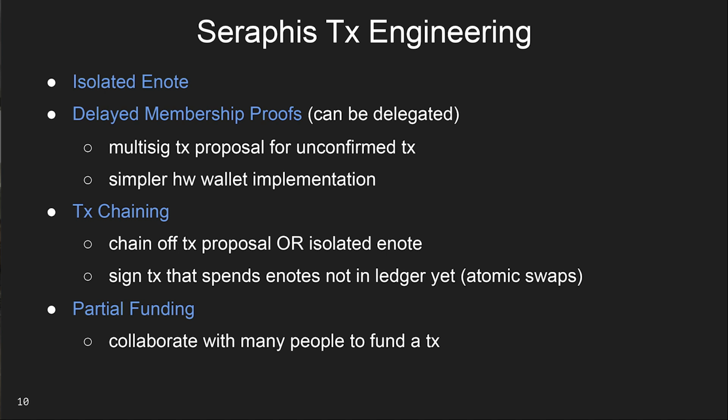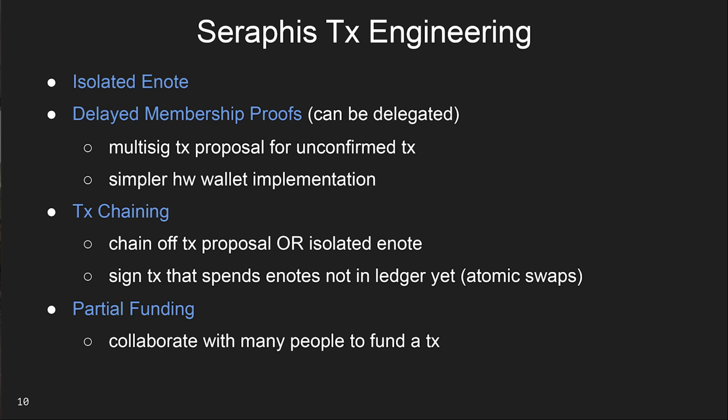So this means you can build a transaction that spends e-notes that aren't in the ledger yet. And then, oh, that's transaction chaining again, but basically you build most of the transaction without building the membership proofs, and then at some later date, right before you want to submit the transaction, you can build the membership proof, which lets you delegate the building of the membership proof to a third party, although that has a lot of privacy implications.